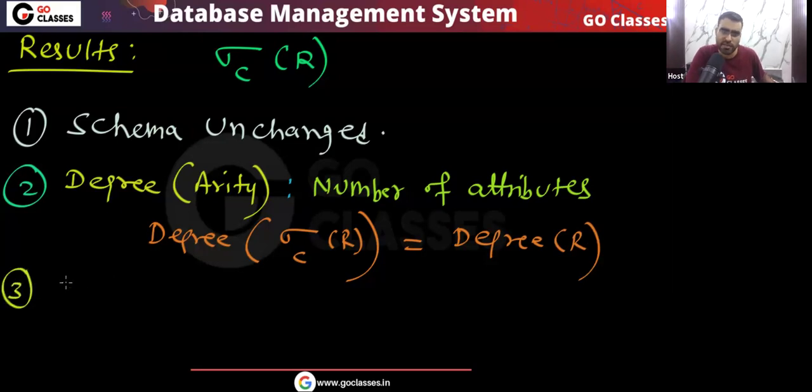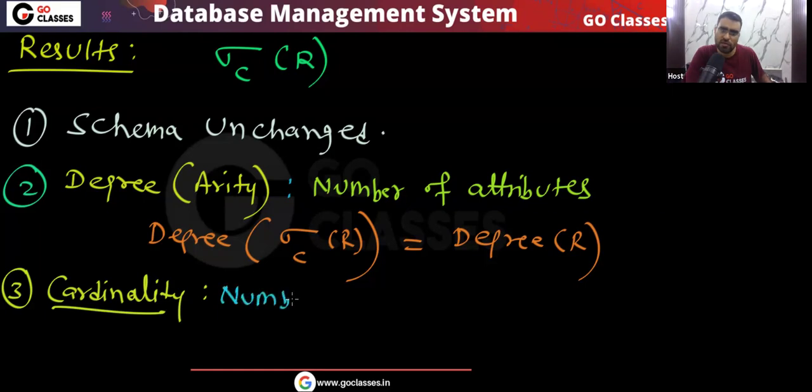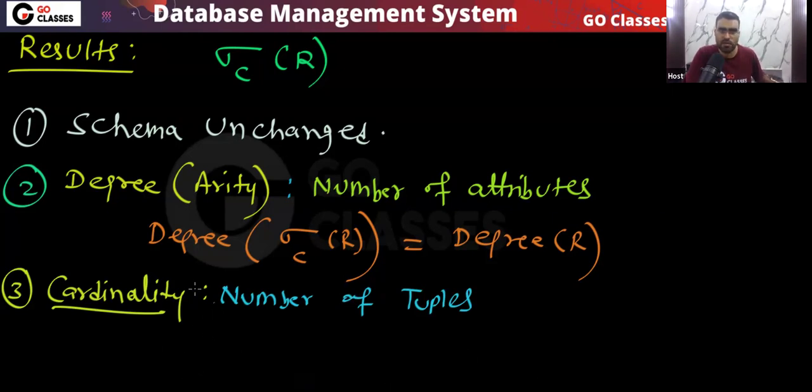What about cardinality? Cardinality is the number of tuples. So what relation can I write between the cardinality of this result and the cardinality of R?